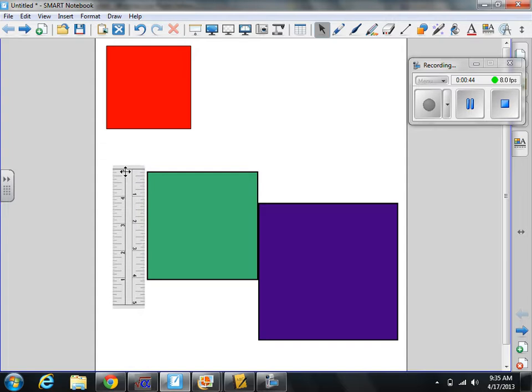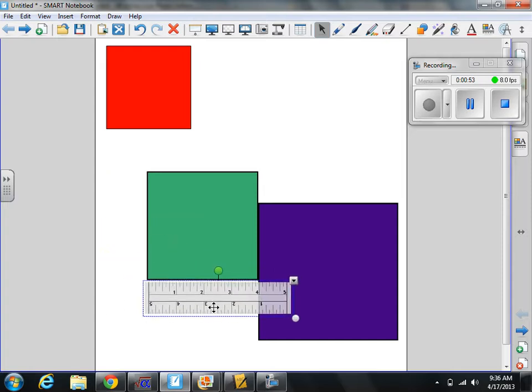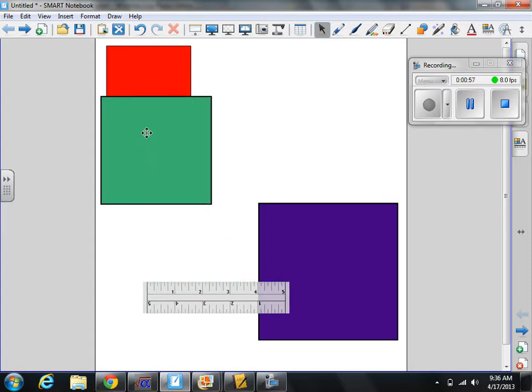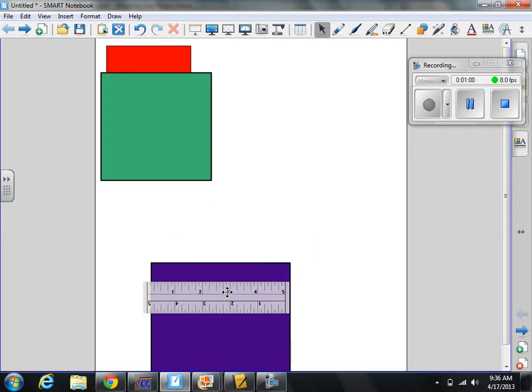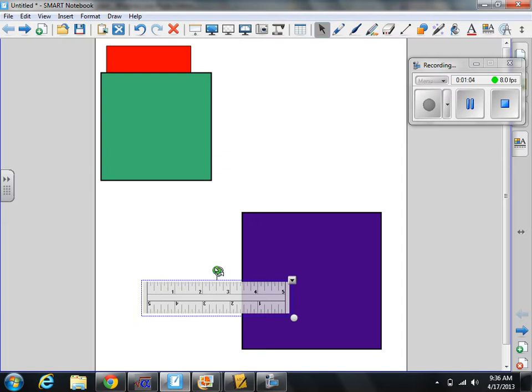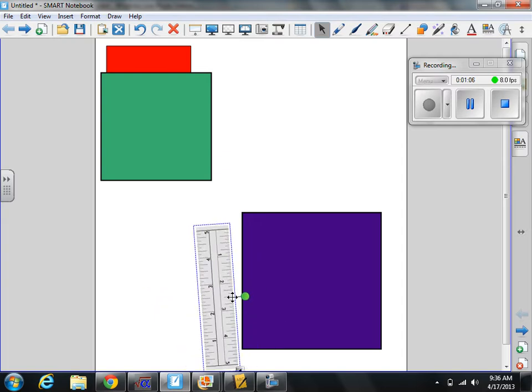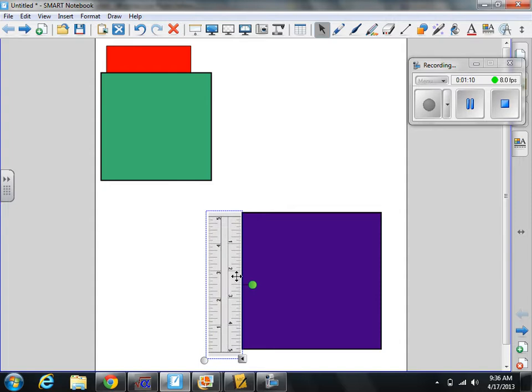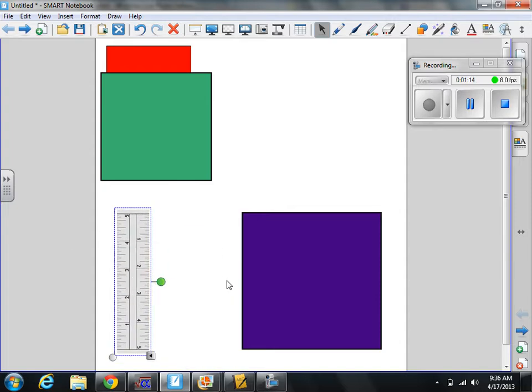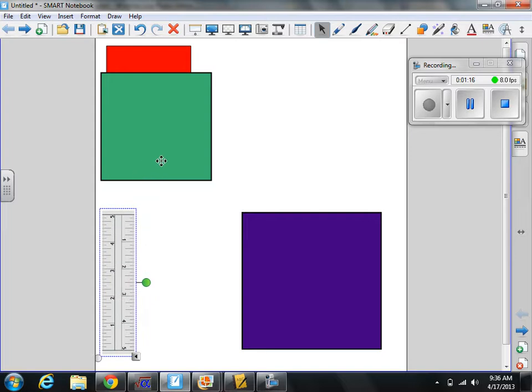And here we have a 4 by 4. And this last one, as you can see, we have a 5 by 5. Alright, so each one of these shapes is in fact a square.